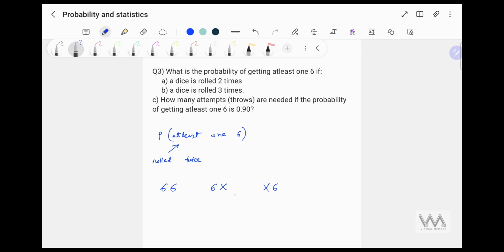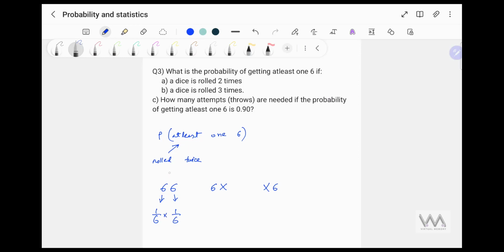So these are the only 3 situations where we can have at least one 6 if a dice is rolled twice. So the probability of having 6 on the first try would be 1/6 because there's 6 sides, and again 1/6 for the second try. So since it's and, it's multiplication.